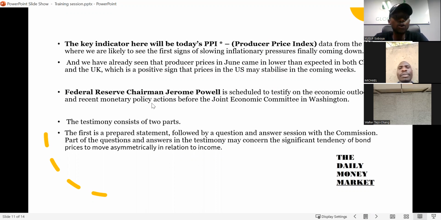The Federal Reserve also comes after this data, and there will be Federal Reserve Chairman Jerome Powell. I think you've been seeing a lot of news of Jerome Powell becoming one of those guys that when he speaks, the whole economy moves. Everything moves up and down. He is scheduled to testify on the economic outlook and recent monetary policy action before the Joint Economic Committee in Washington.